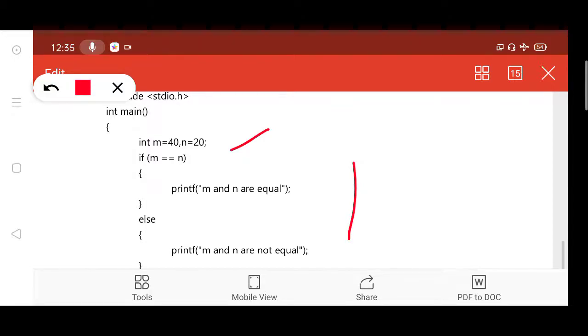If m is equal equal to n, printf m and n are equal, else printf m and n are not equal. Here the else part prints m and n are not equal.